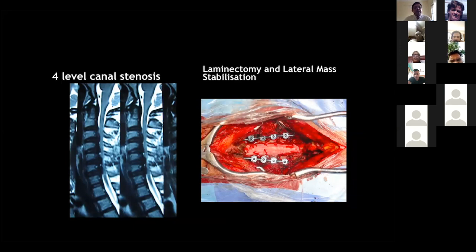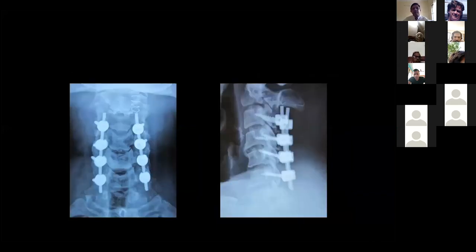It's a very classical case. You can see very multiple level cord compression from nearly 4 or 5 levels. So you do a good decompression, and then put your lateral mass screws and plates so that you can hold it, and it does not allow the patient to go into kyphosis and then again compress.